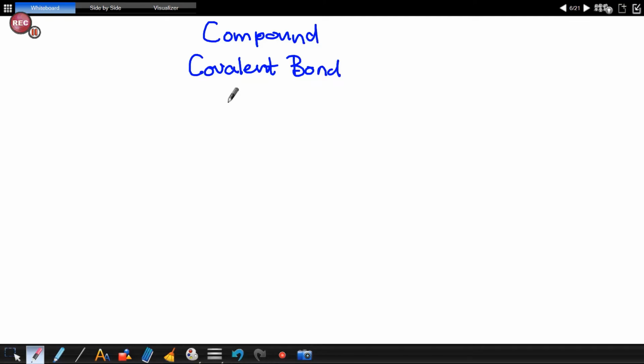Yes, between nonmetals, and what happens? Electrons are shared between non-metal atoms.